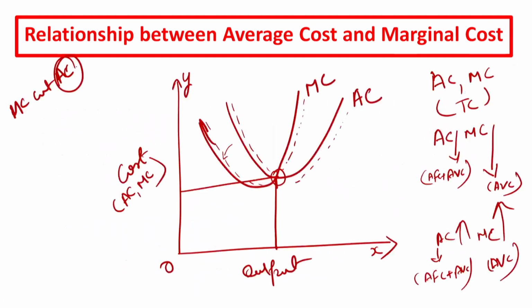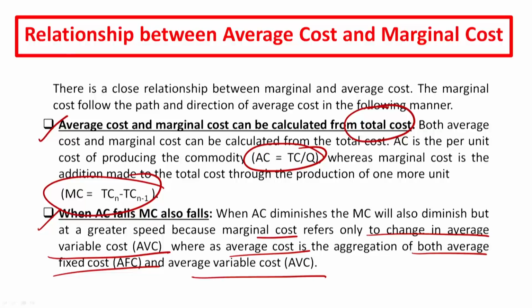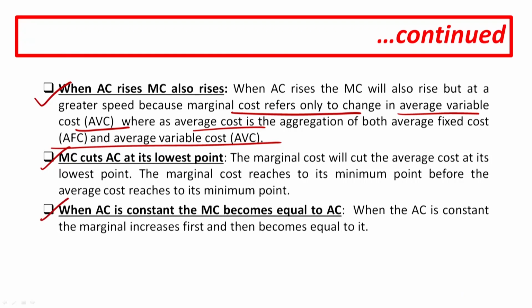Next point, when AC is constant, MC will become equal to AC. That means when AC is constant, MC will follow the trend and become equal and constant to the average cost. And this is this point.